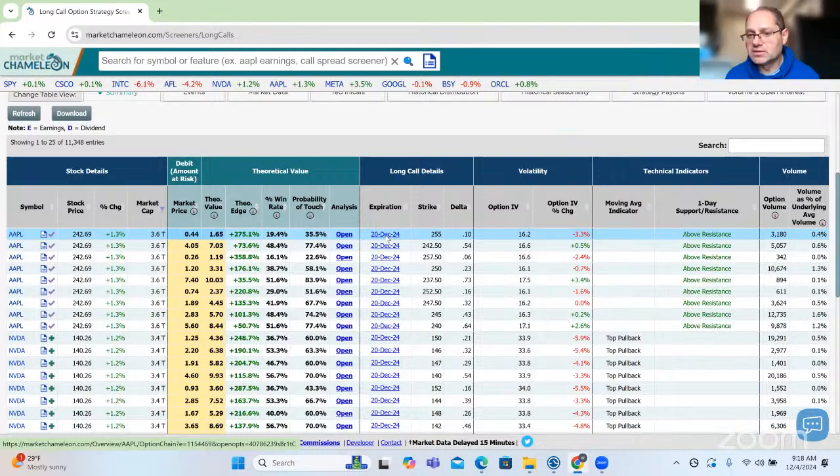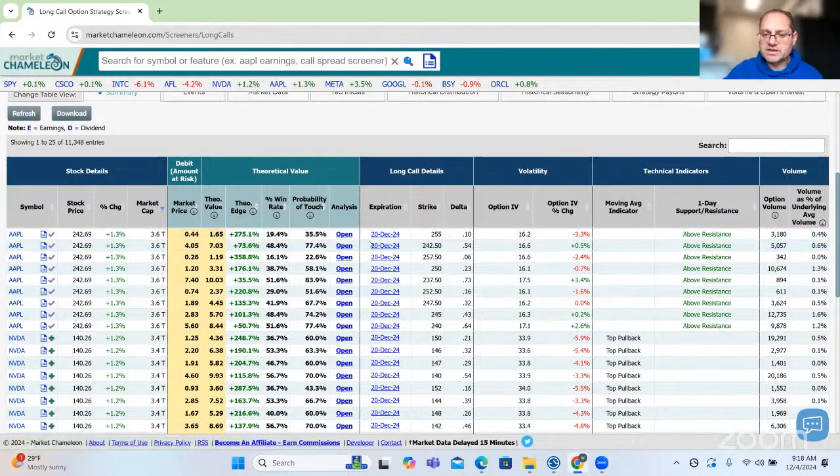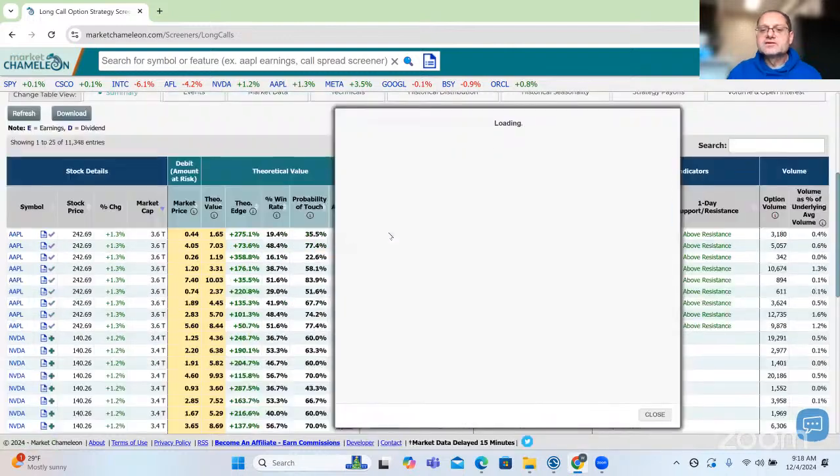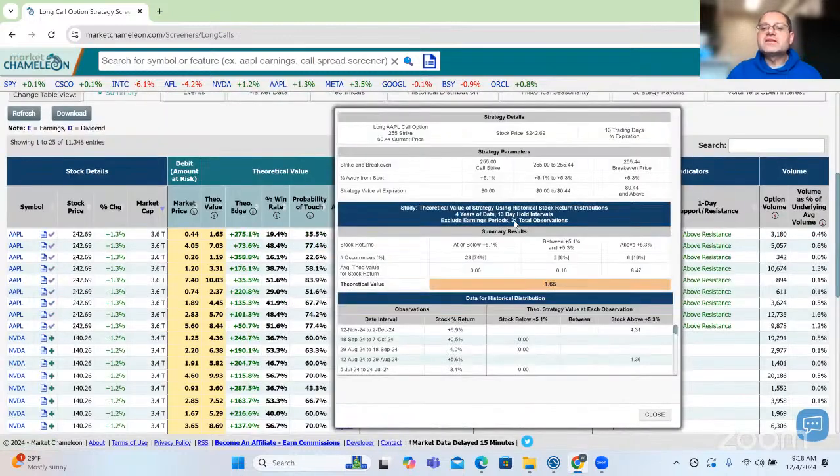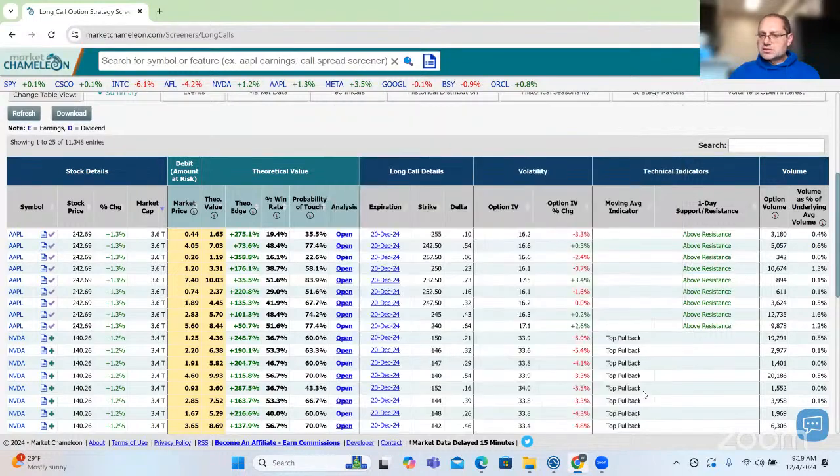So we could open our analysis here. This is saying that there are 13 trading days left. If there are 13 trading days, that means the stock can move around up and down, and it doesn't finish on the high or low. It could be in between.